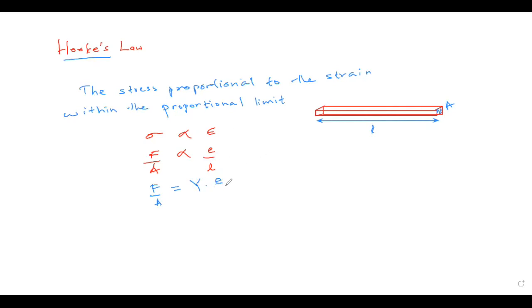So F over A equals Y times E over L. This is the formula that we have obtained from Hooke's law. Okay. So let's box it.